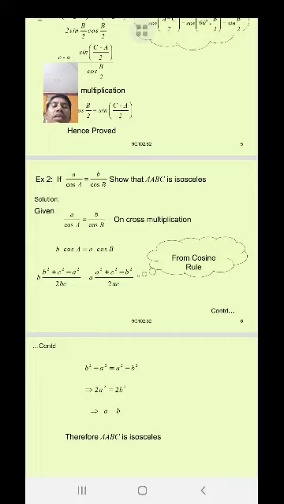A/cos A equals B/cos B. On cross multiplication, we get B cos A equals A cos B. So B into cos A, from the cosine rule, we can write (B square plus C square minus A square)/2BC, that equals A into cos B. We can write the same again from the cosine rule, (A square plus C square minus B square)/2AC.